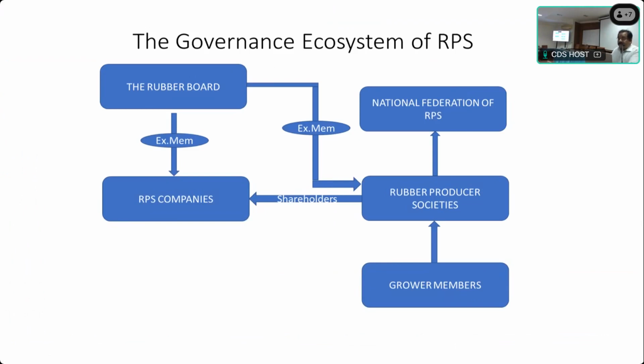And the rubber board, I've wrongly written over there that it is an executive member. It is not. It is actually the shares of the RPS company that are held by the rubber board. And the rubber board has its executive member as part of the rubber research society. This is how the overall structure works.